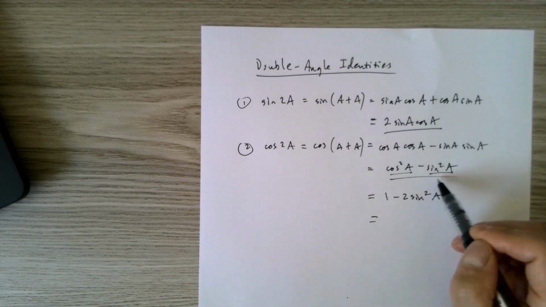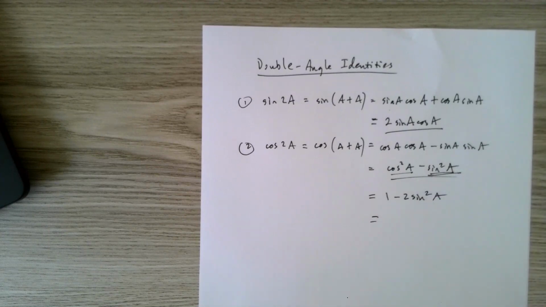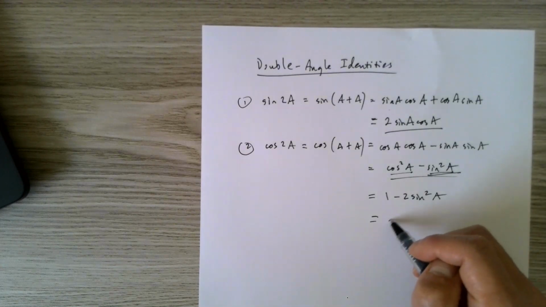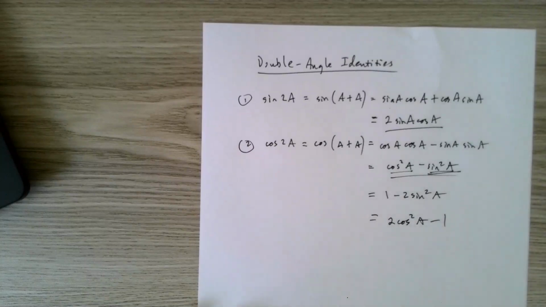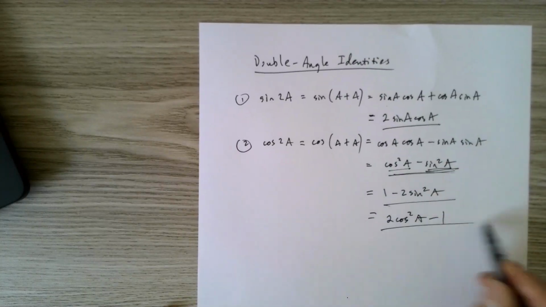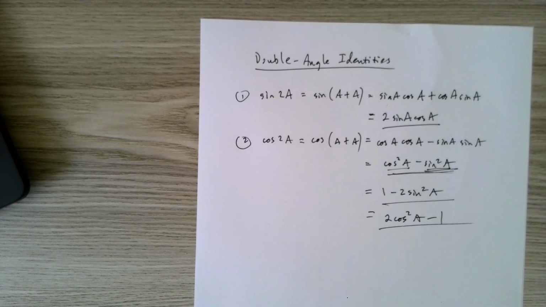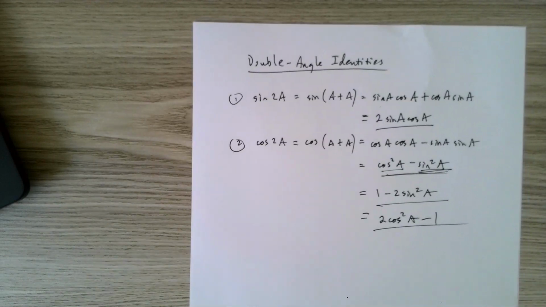Or I could replace this with 1 minus cosine squared and turn it into 2 cosine squared a minus 1. So all three of these are about the same level of practicality or use.